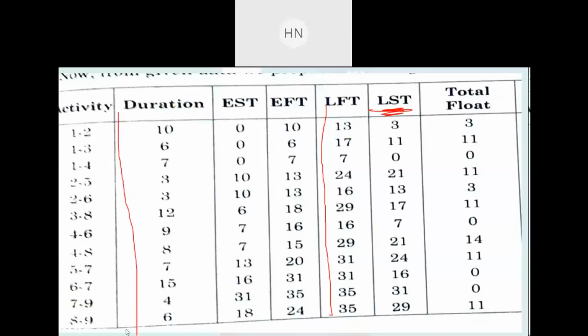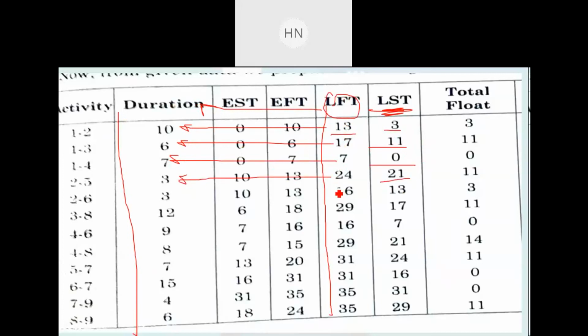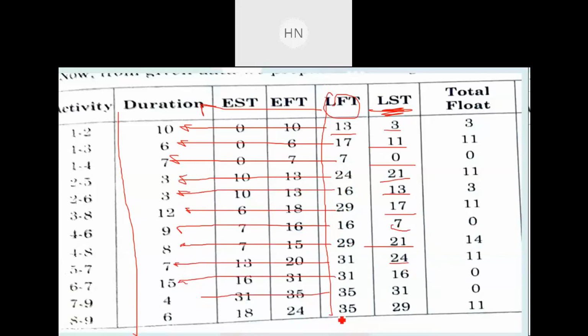This is the duration. 13 minus 10, that will be 3. 17 minus 6, that will be 11. 7 minus 7, that will be 0. 24 minus 3, that will be 21. 16 minus 3, that will be 13. 29 minus 12, that will be 17. 16 minus 9, it will be 7. 29 minus 8, it will be 21. 31 minus 7, it will be 24. In this manner, you need to calculate the latest starting time, right?